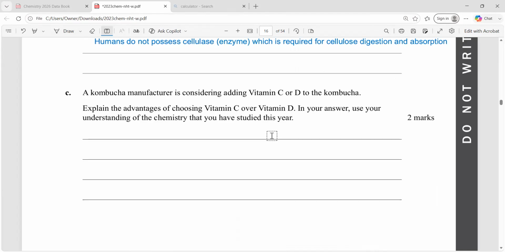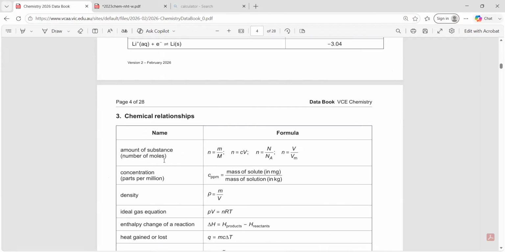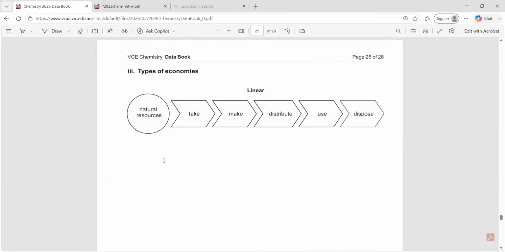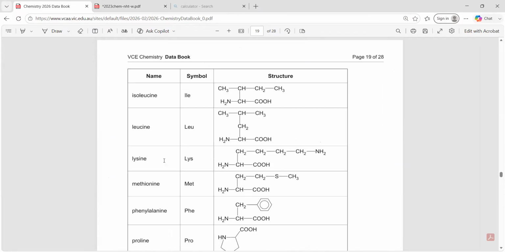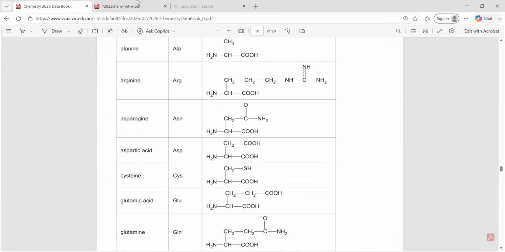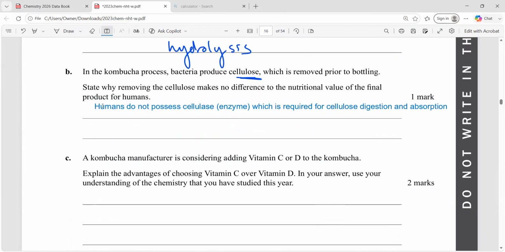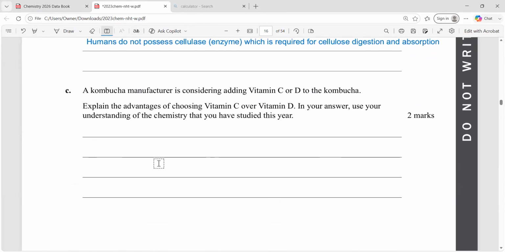So here, a couple of things. I don't think they have vitamin C there anymore. That's a bit of a shame. Oh, because this was of the previous study design, I think. That makes a bit more sense. So here, what you guys need to remember is vitamin D is fat soluble and it's a non-essential vitamin, so it stays in our bodies.